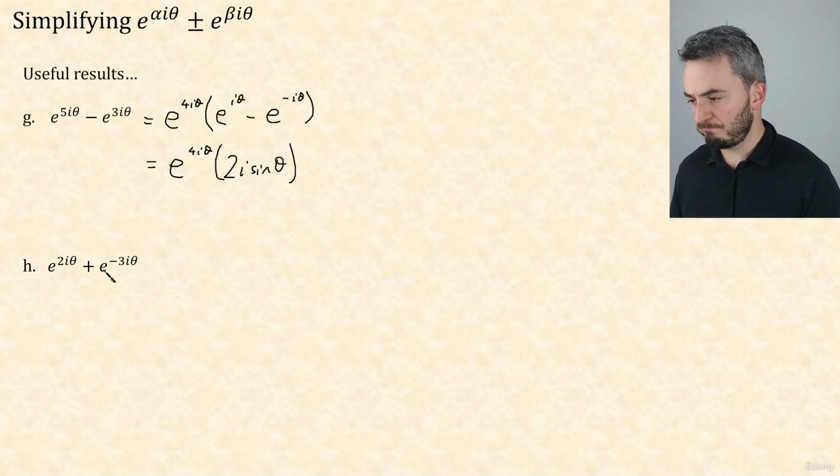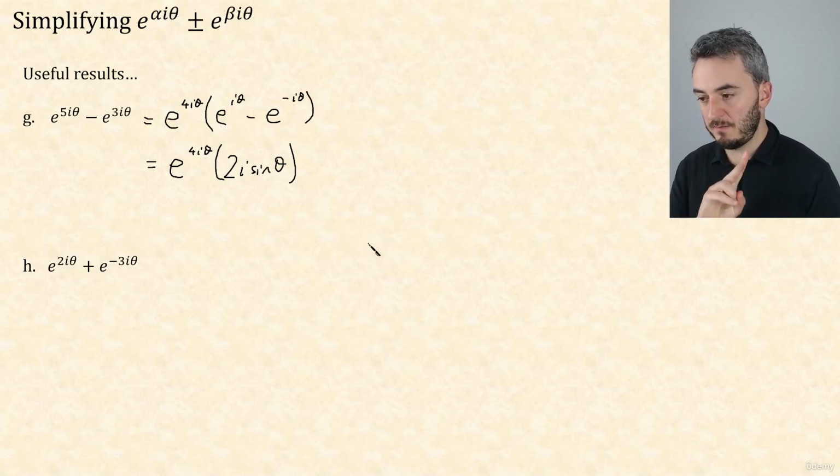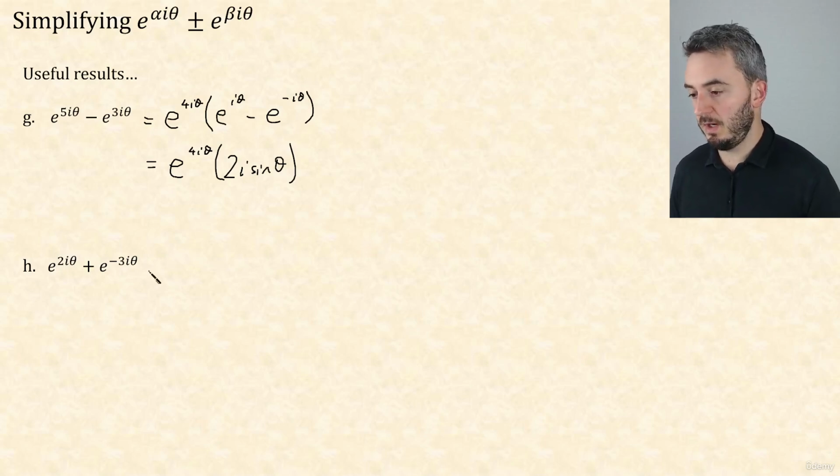How about this one? Bit trickier, but the gap between the 2 and the minus 3 is 5. So the positive and negative numbers that are 5 apart are 2.5 and minus 2.5. So if I want this one to be 2.5, I'm going to need to factorize out e to the minus i theta over 2.